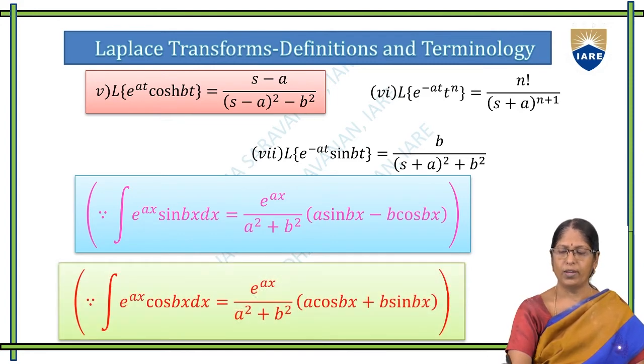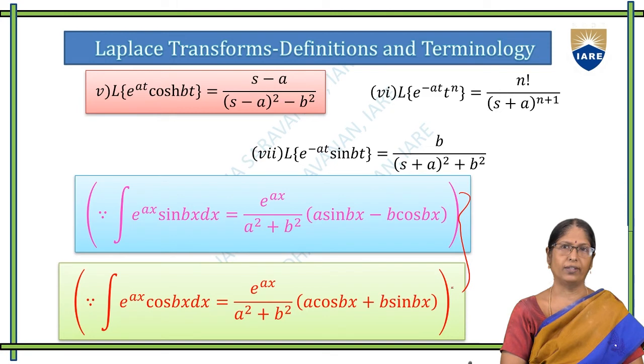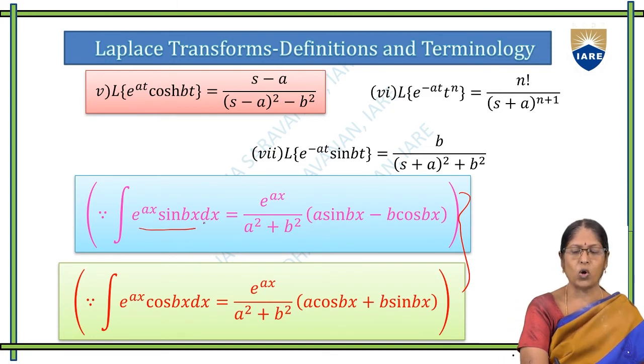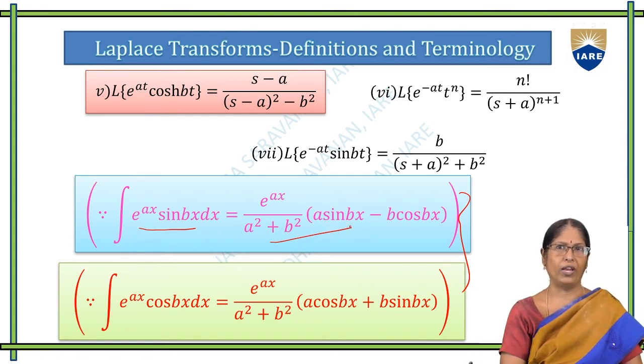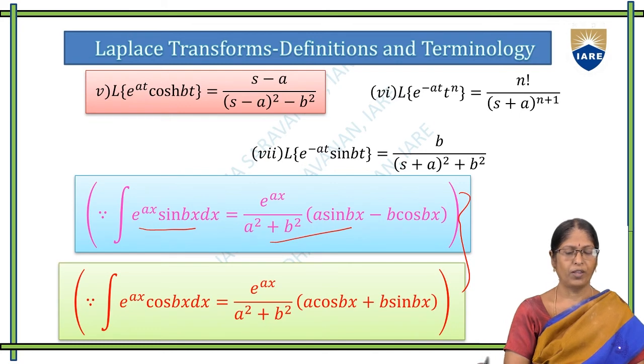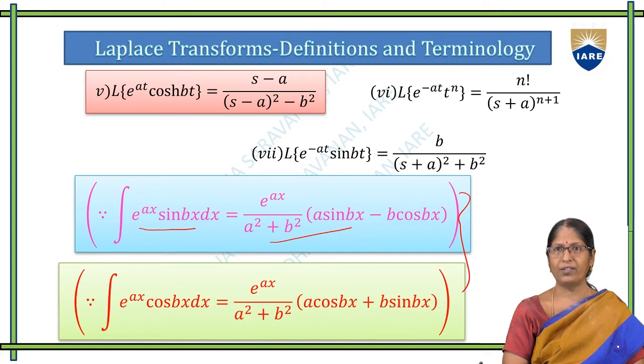If integrals come in this format, we can apply this formula and evaluate. We need not go for integration by parts or the u v method. Just apply the formula. These two formulas play a big role. Now, e power ax cos bx dx is nothing but e power ax by a square plus b square of a cos bx plus b sin bx.